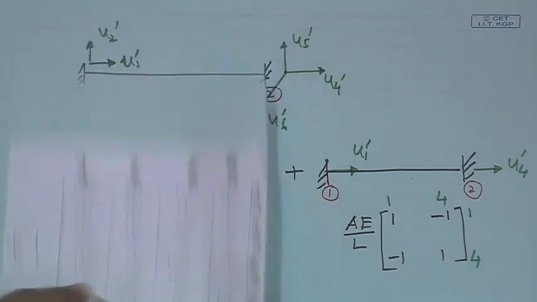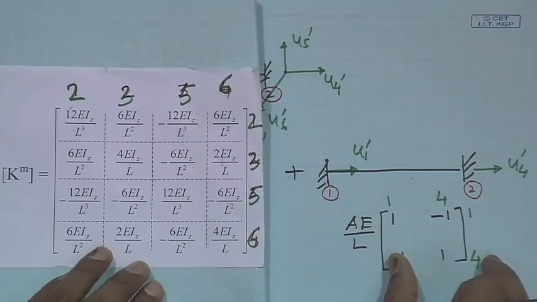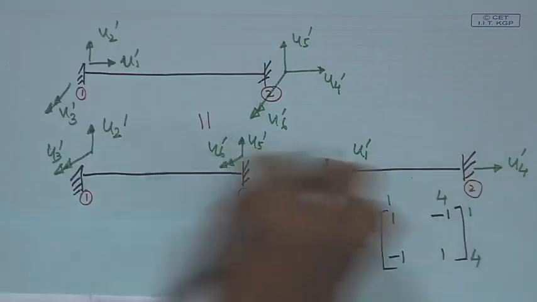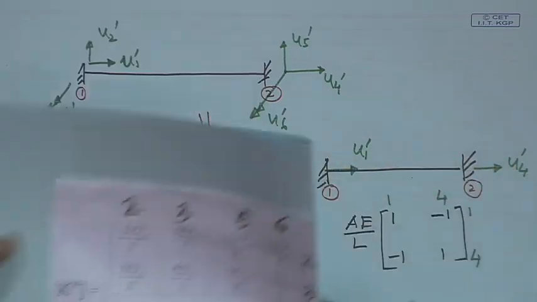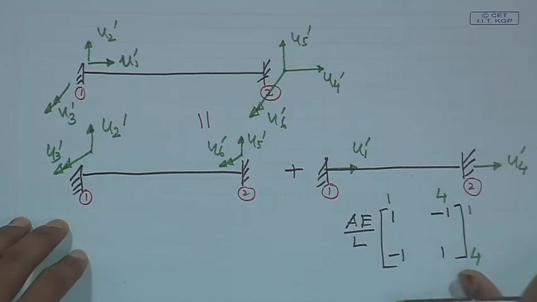Now, what we need to do is we have this stiffness matrix which is for this beam, and this stiffness matrix which is for this truss, and we have to combine them. How do I combine them? We will combine like this.